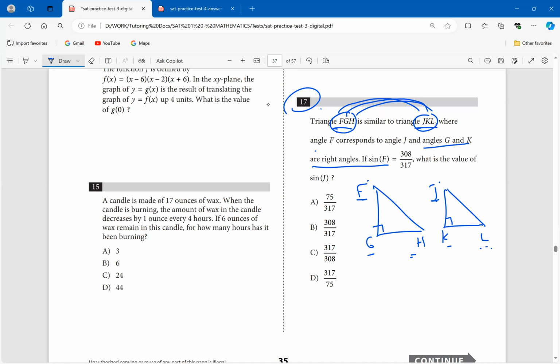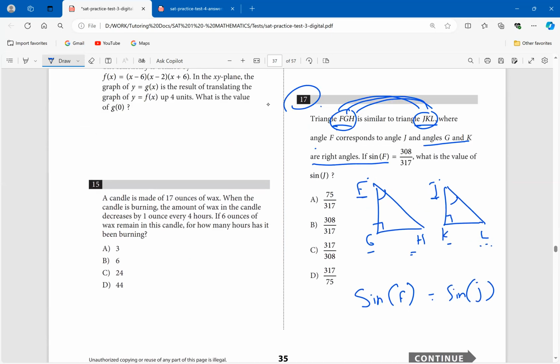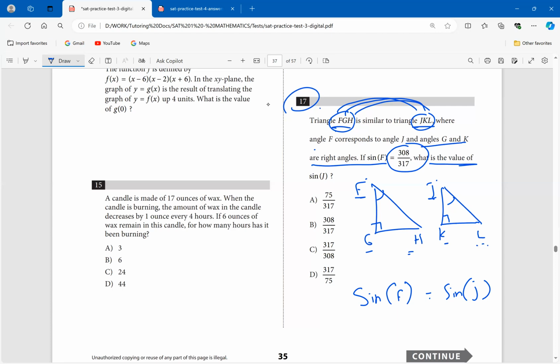Now the sine ratios of the angles should also be equal. Since sine of F is given, sine of F will be equal to sine of J, because F and J are corresponding. Similarly, if they tell you that sine of F is 308 over 317, then sine of J will also be 308 over 317.